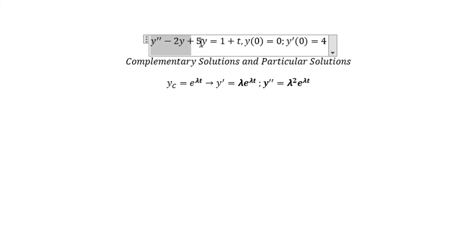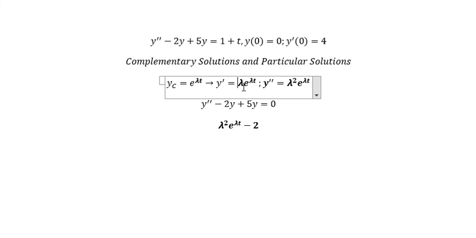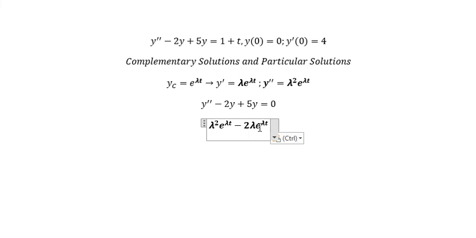So we have this one. We put equal to number 0. Now we replace this one for this one, and this one for this one, and this one for this one. So you will got the new one. Next, we need to do about factorization of e to the lambda t.